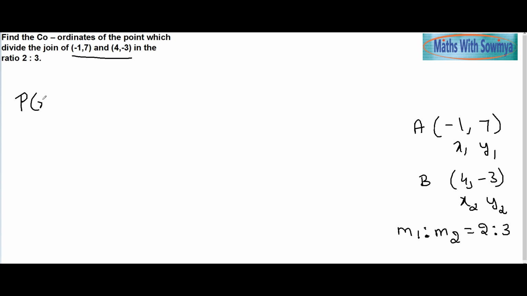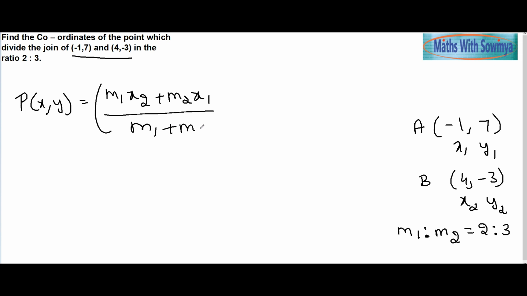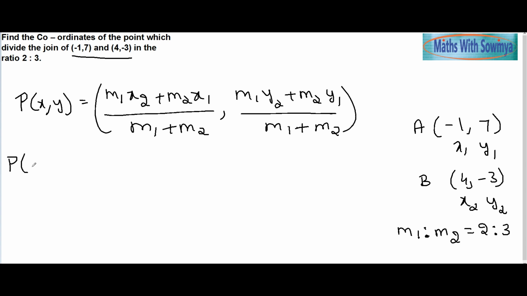So P(x, y), write the section formula given to you: (m1 X2 plus m2 X1) divided by (m1 plus m2). If you want, you can apply m and n also. And the y-coordinate is (m1 Y2 plus m2 Y1) by (m1 plus m2). Now, what is P(x, y)?